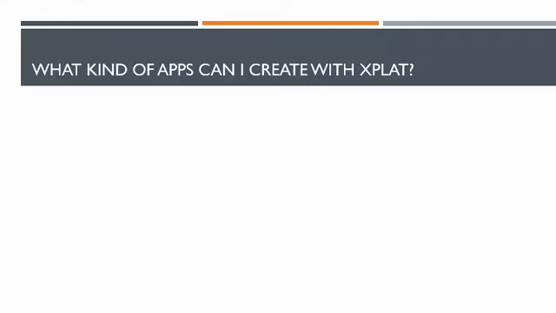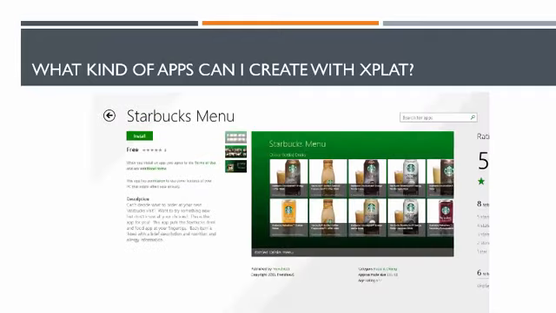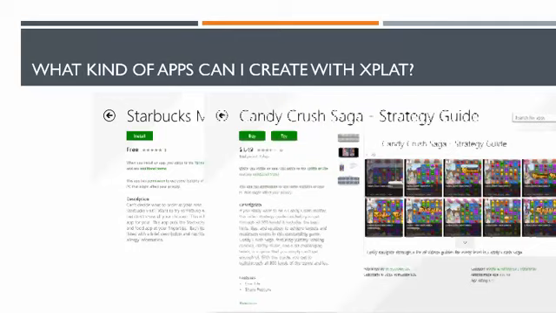So you might be wondering what kind of app you can create with Xplat. If you hop over to the site on GitHub where the tool is actually posted, there's a lot of app examples over there. But we can have a look at a few here. There's a Starbucks menu, which is really awesome because it has all the different types of drinks that Starbucks has.